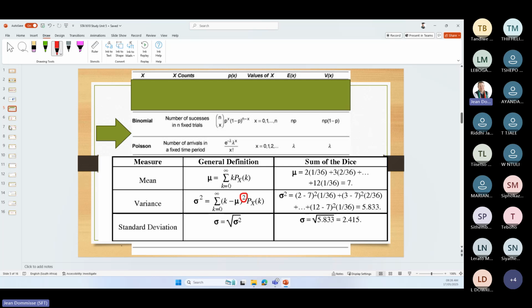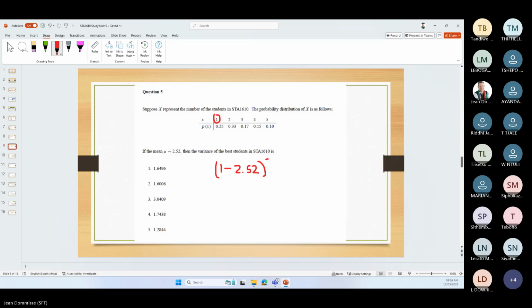There is to the power of 2, and that you will multiply by the probability. And then you need to do that for all of them up until the 5.